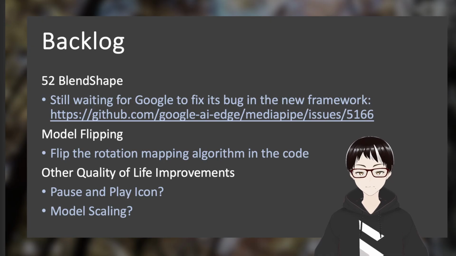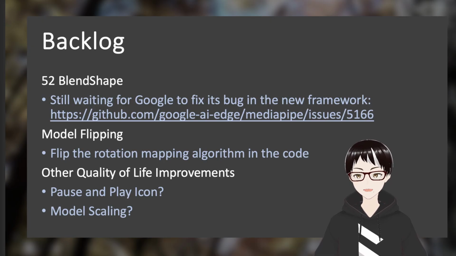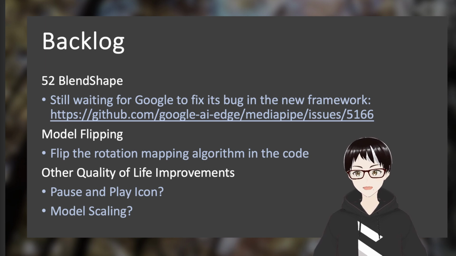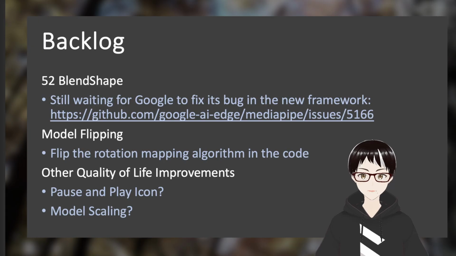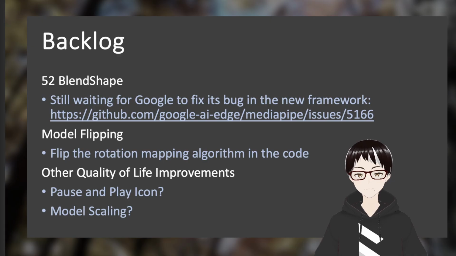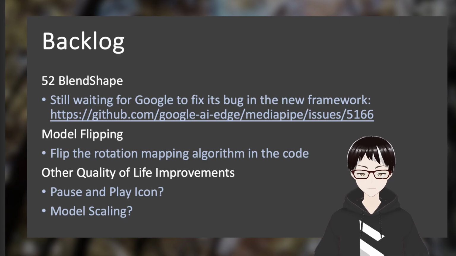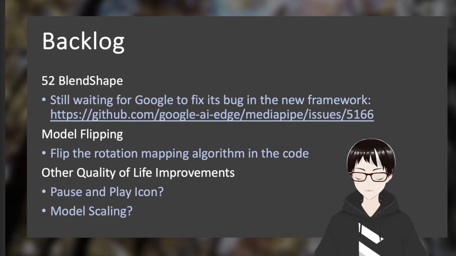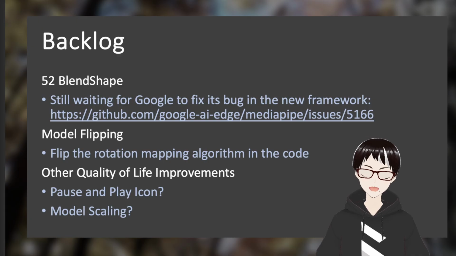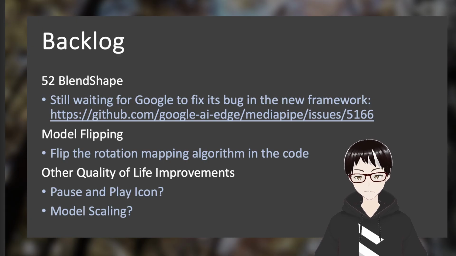So you will be able to flip horizontally currently, but if you just want to flip the 3D model itself, instead of the entire screen, what you will need to do is the rotation mapping algorithm flipping, right? Which is a lot more complicated because we need quite some testing to actually make sure the rotation mapping is correct, right? So this is one of the requested features.